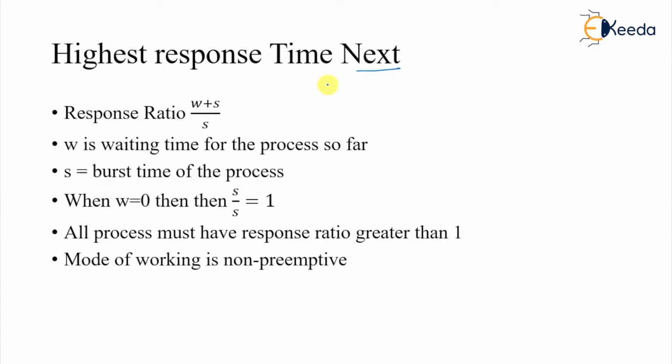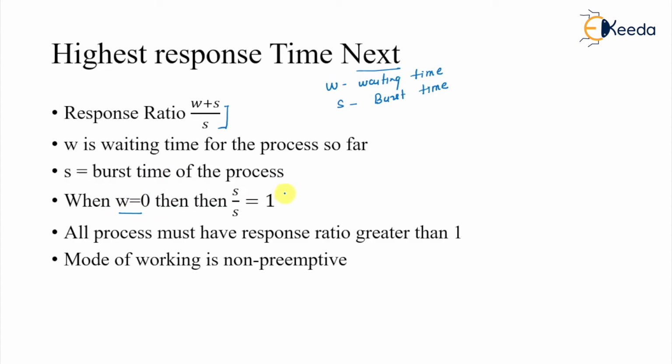This response ratio will be calculated as W plus S divided by S, where W is the waiting time and S is your burst time. The process having the largest value of this ratio will be scheduled first.